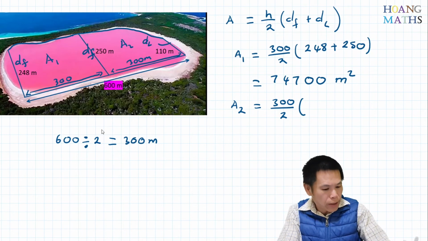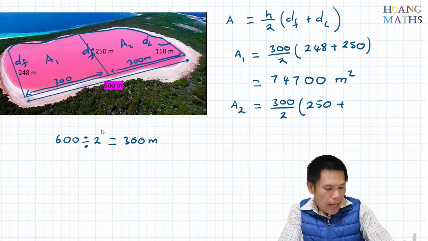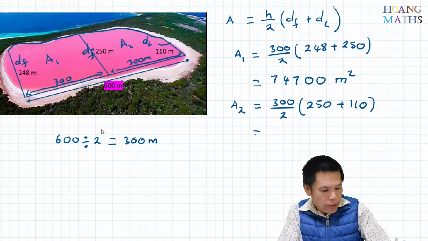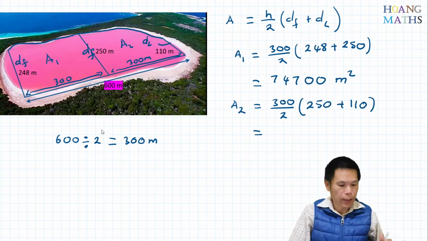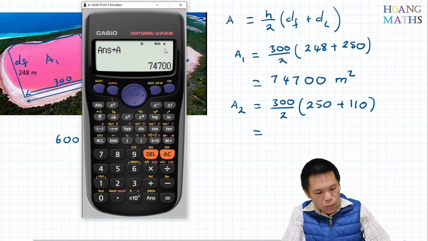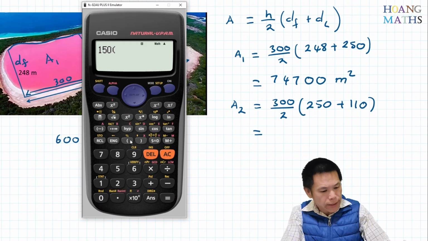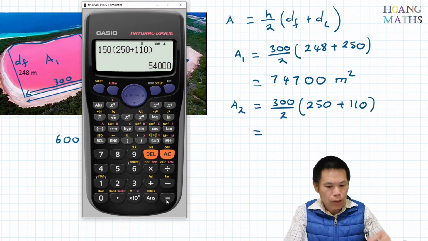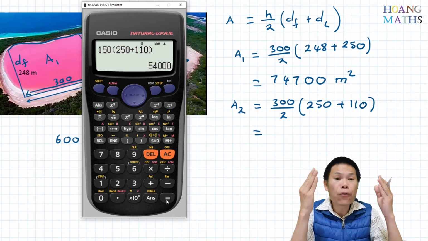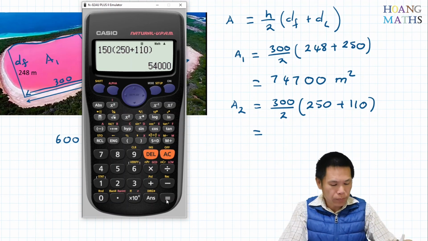So D first is 250 in this case, and then plus D last is 110. So now I just put that on a calculator. So we just go 150, brackets, 250, we add 110. So there you go. So 54,000 square meters.